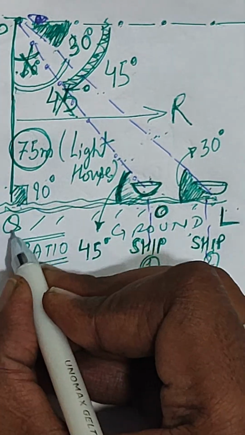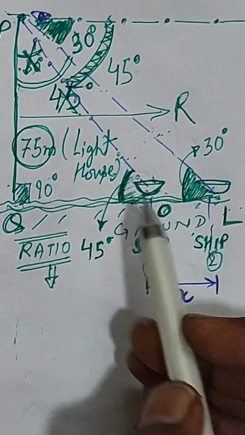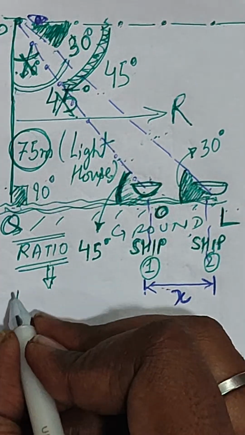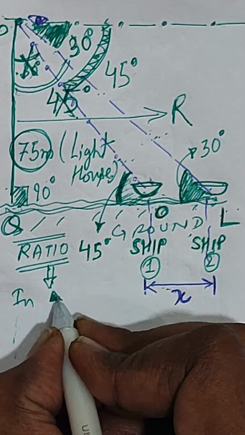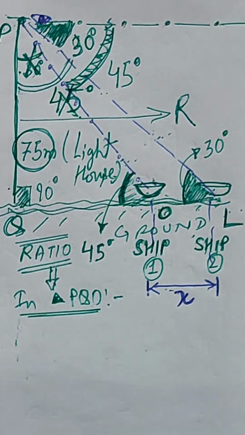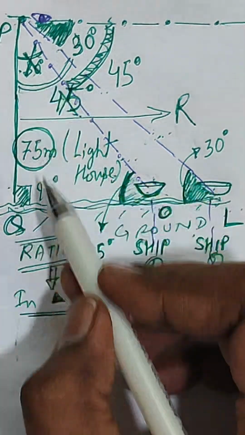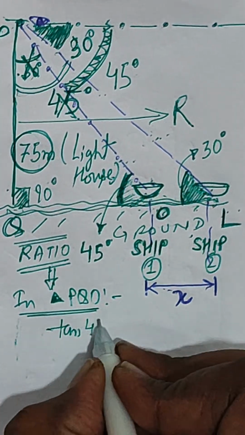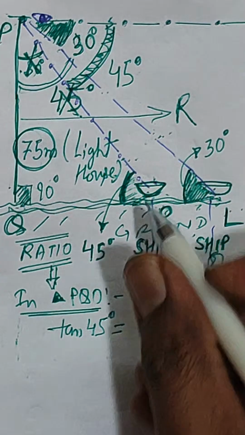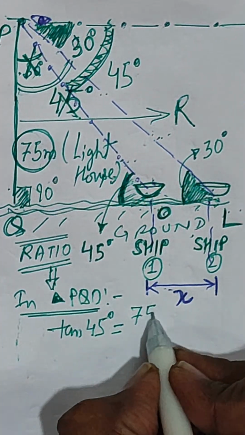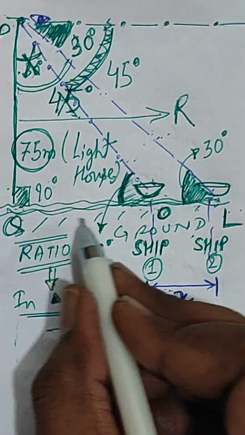And PQ, let us say this is Q. So in triangle PQO, tan of 45 degree is the value of PQ, that is 75, divided by QO.